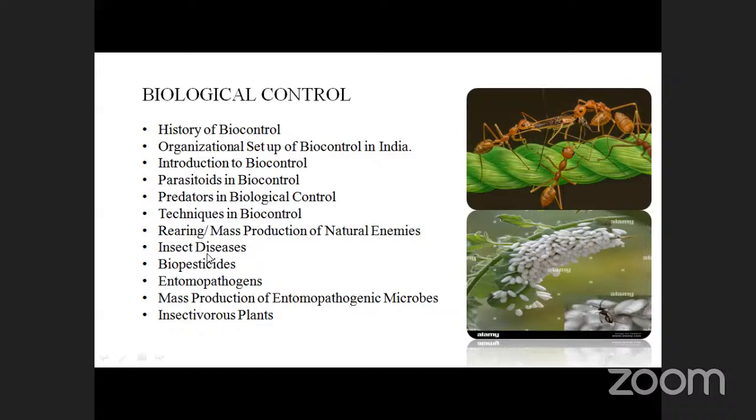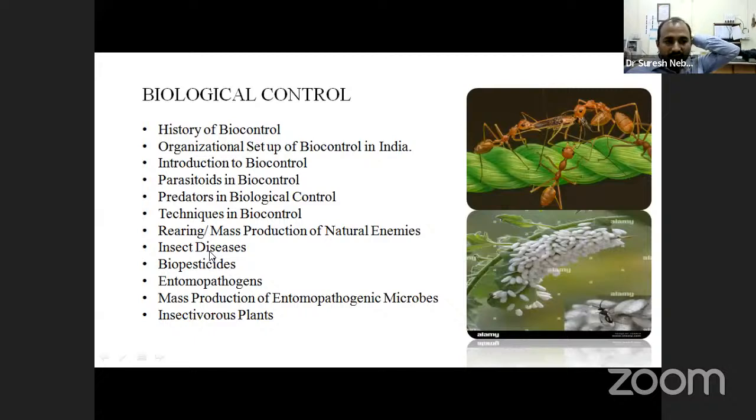Then insect diseases are also very important. I think there is a special course on this, or some part is covered. This part is there in the KP Srivastava book also. Even in the Insect at a Glance book, they have given nicely the different insect diseases, the causal organisms, the different symptoms, and the synonyms, like green muscardine.